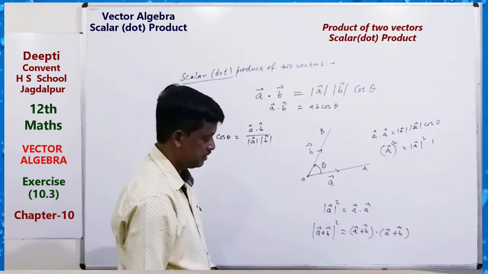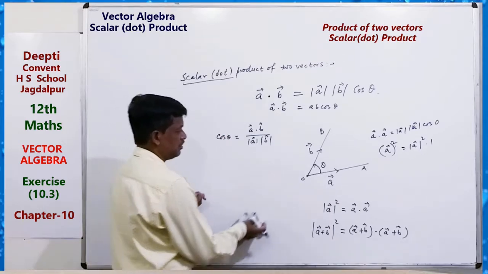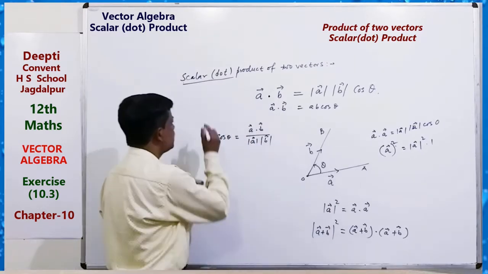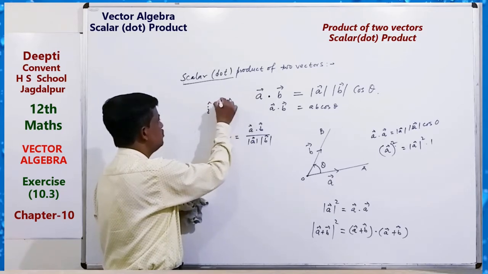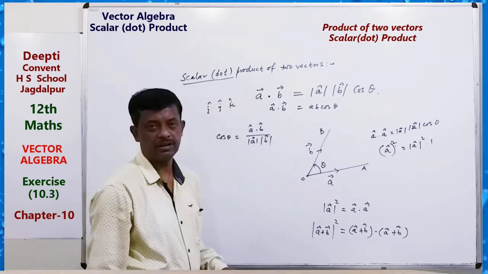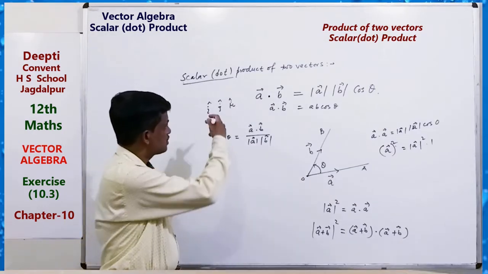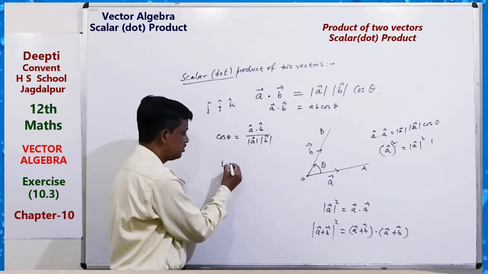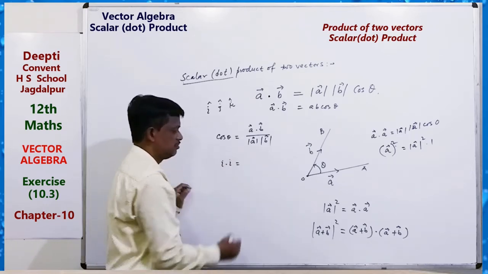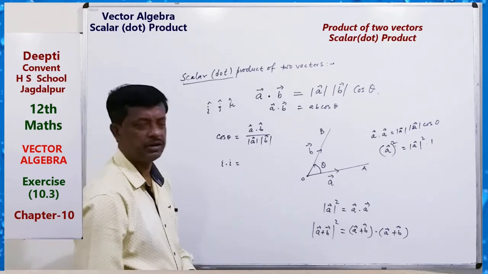And we know that i, j, k are unit vectors. These are unit vectors along the x-axis, y-axis, z-axis. So I dot I, the same vector. What will be the value of I dot I?